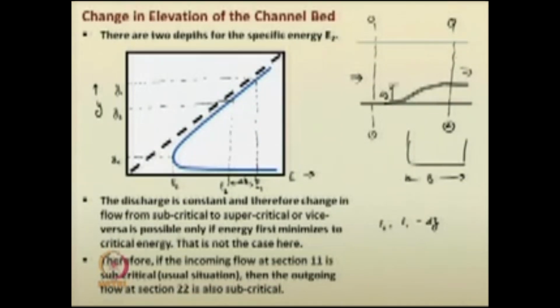So, definitely in the normal practice, due to the rise in bed level, there will be change in the flow pattern, but you know that the specific energy at section 2 is less than specific energy at section 1, by a magnitude del z. So, use from this particular diagram for the corresponding E2, what is the subcritical flow Y2 that is being selected.